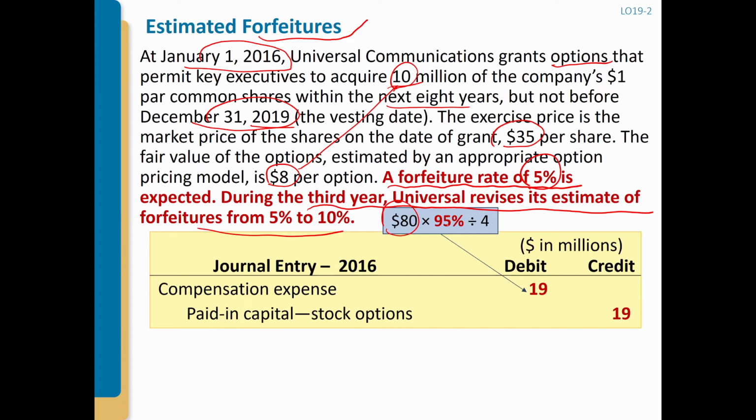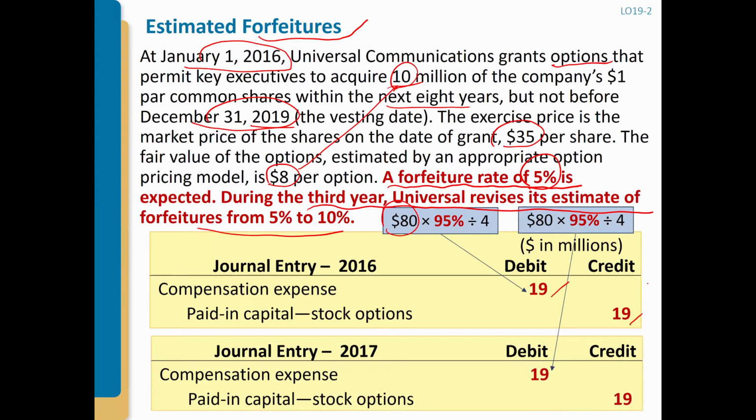Then we allocate over these 4 years, so divided by 4, each year you recognize compensation expense of 19 million. First year 19, second year 19 again. Is this okay, everyone, so far?